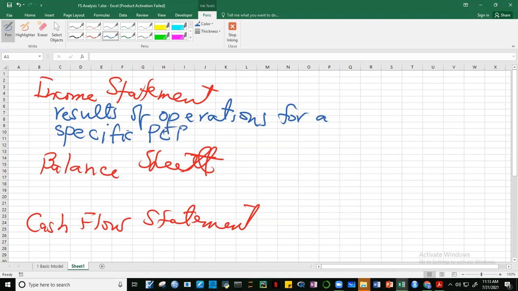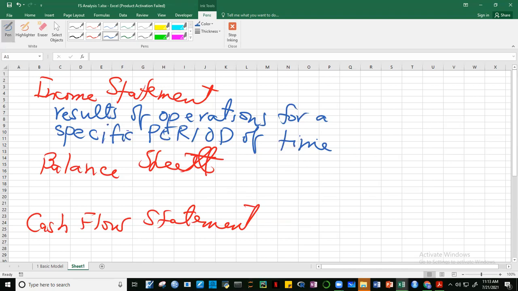What does period of time mean, guys? It can be 1 year, it can be 1 month, it can be 6 months. So when you look at the income statement, it usually denotes that it's from, let's say, January 1 up to December 31.